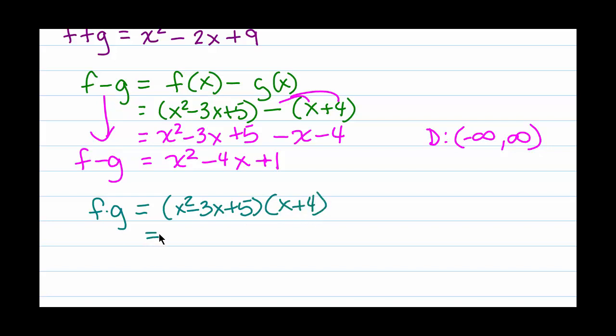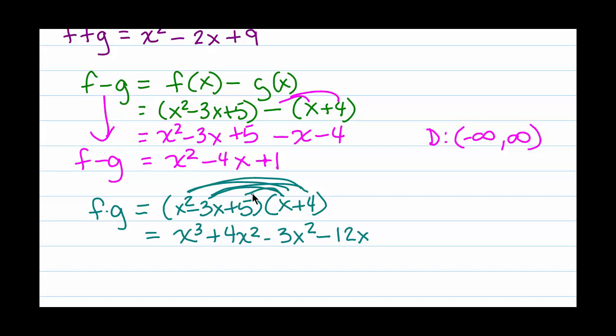So what do I need to do here? Distribute. So my parentheses do matter. So I'm going to go ahead and say x to the third plus 4x squared minus 3x squared minus 12x, distributing now my 5, plus 5x plus 20.